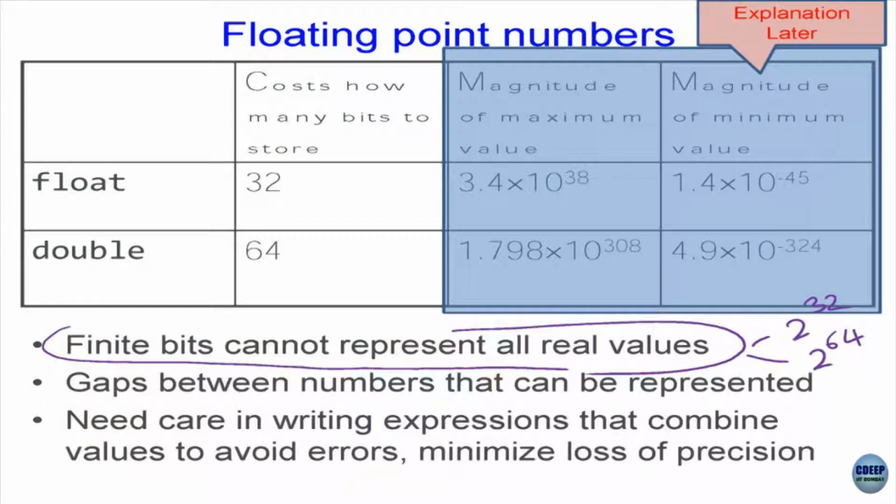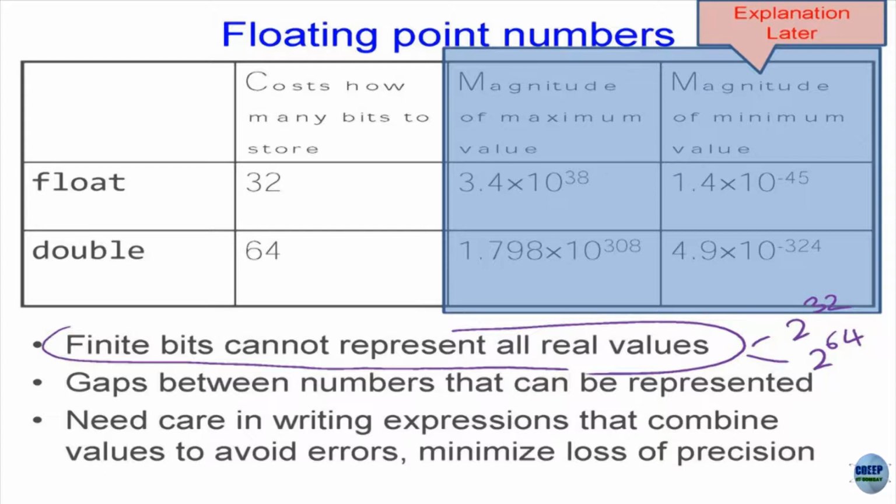So floats are 32 bits long, double precision 64 bits, and there is an asymmetry in terms of the maximum and minimum value, and we'll talk about it a little later, as I have highlighted there. I'm sorry, I take my words back, that has nothing to do with the sign information.